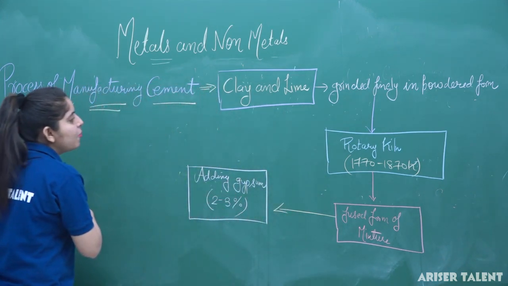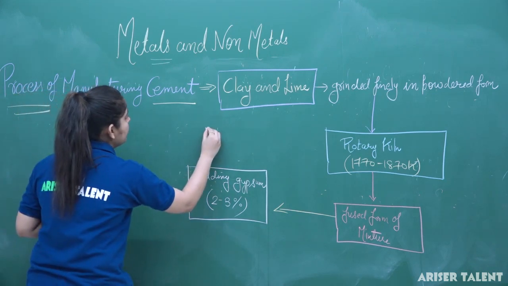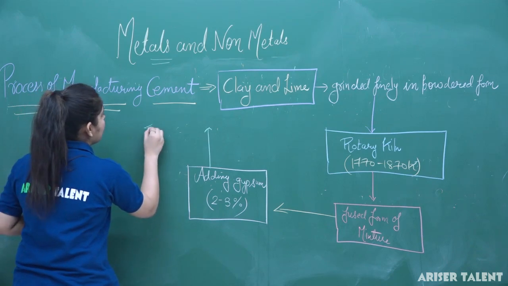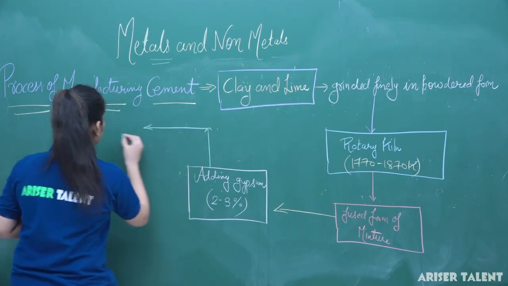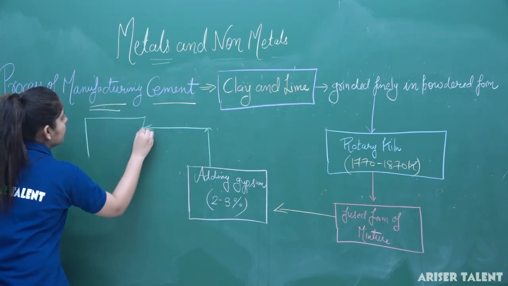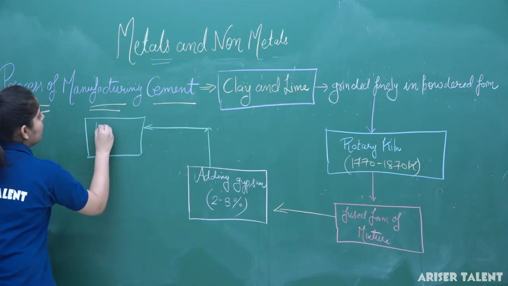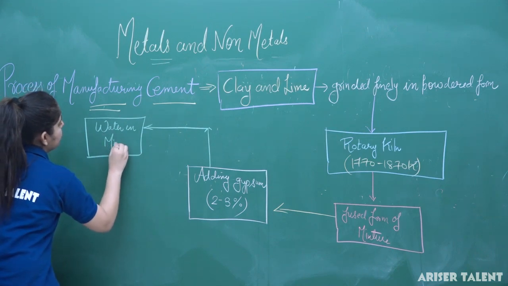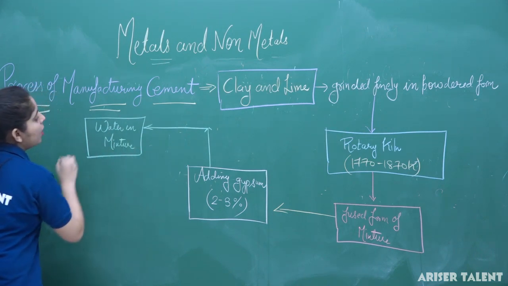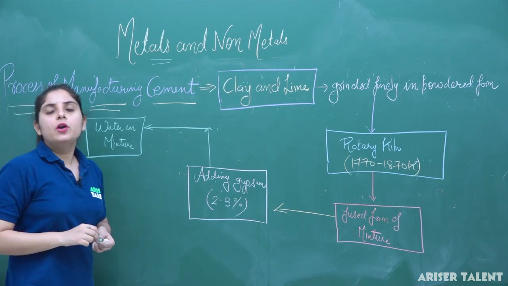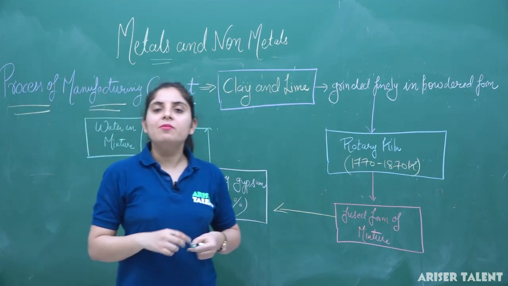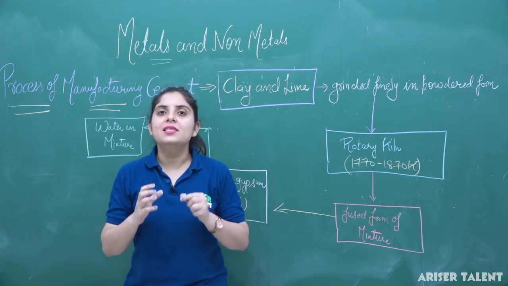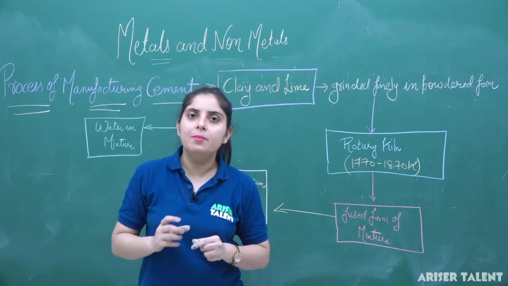Now, in the next step, we are adding water to the mixture. If we add water to the substance that we are getting, we will get a gel-like substance, and after drying, this gel-like substance is converted into a hard mass.